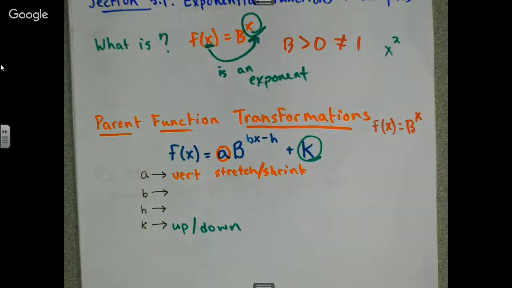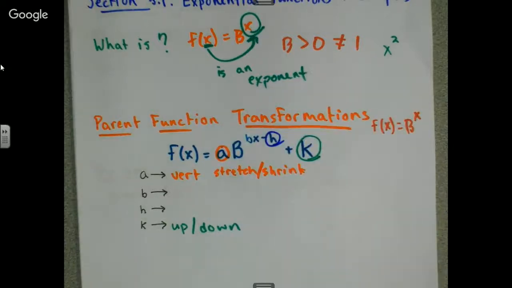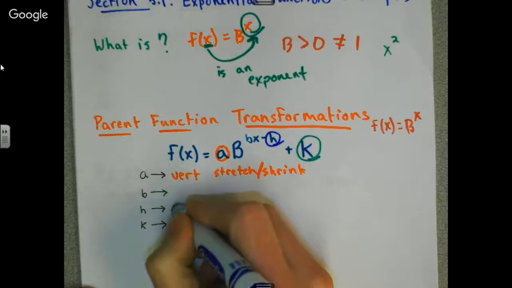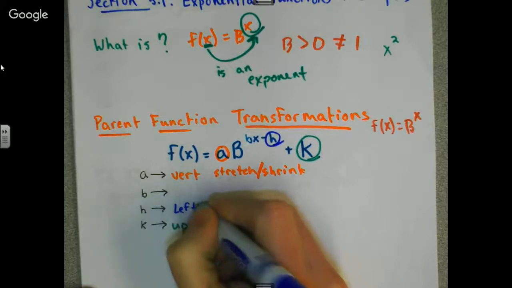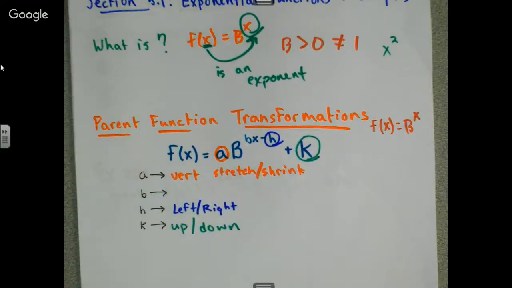We can go to H. H in this equation moves left and right. And if we remember from first semester, it's the opposite of what it looks like. So if it's a negative, it's actually moving right. And if it's a positive, it's moving left.